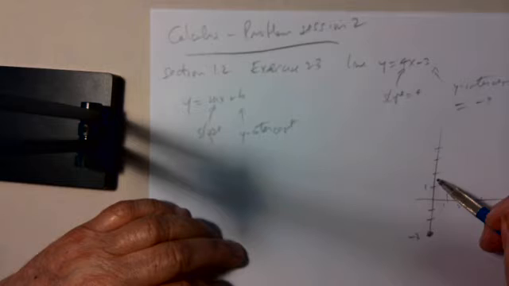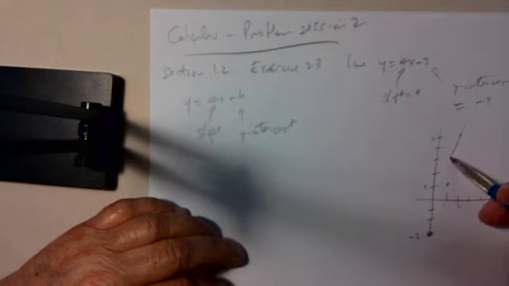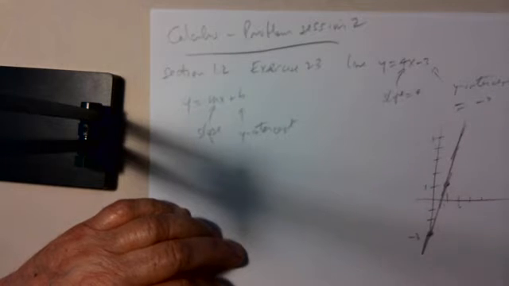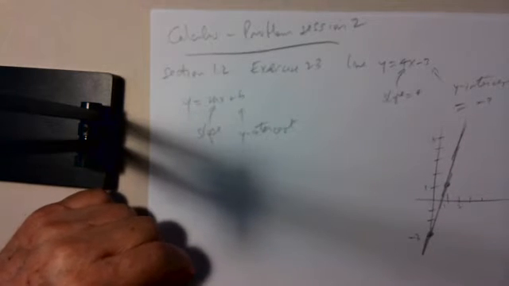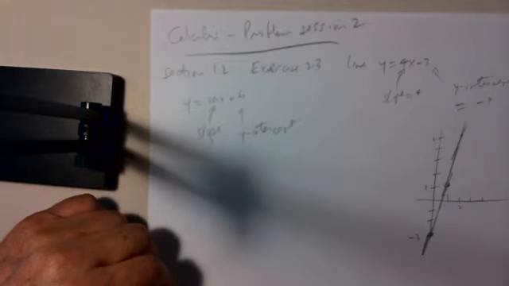Go over another 1, you go up another 4. And this line looks like that. Any questions about this?